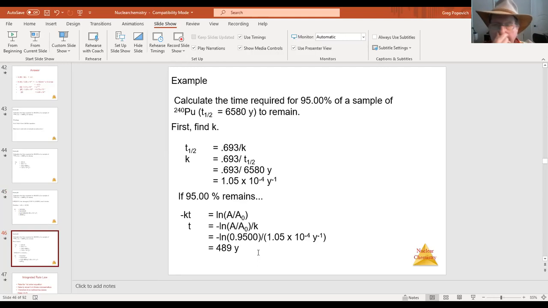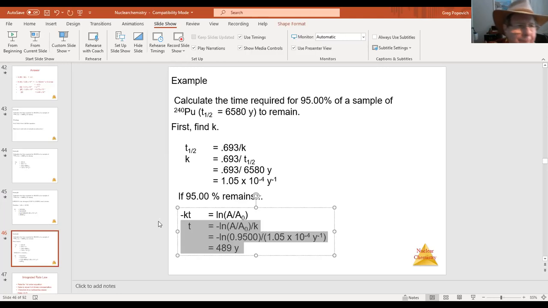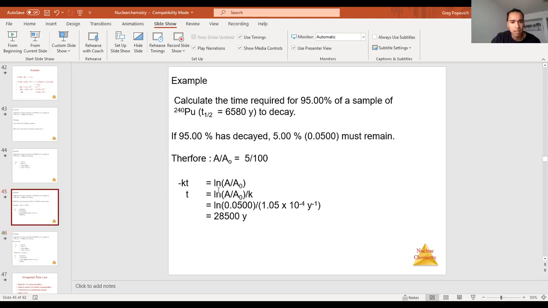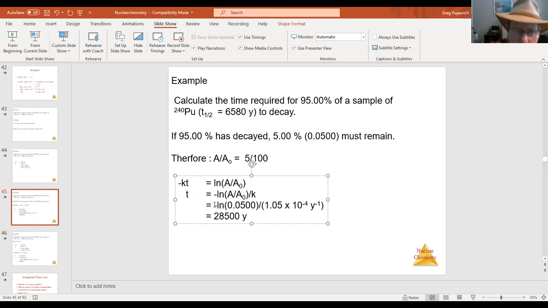Questions, ladies and gentlemen? Yeah, I have a question. Earlier you had in the equation negative kt equals ln, whatever. You started off with it being negative. Could you explain why it's negative in this case? Isn't it normally first order the ln of? I screwed up because I was trying to think while I was teaching.